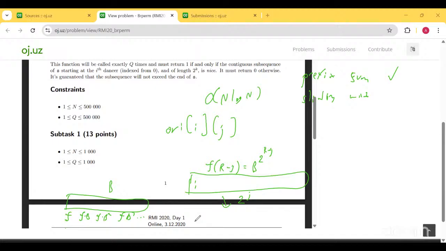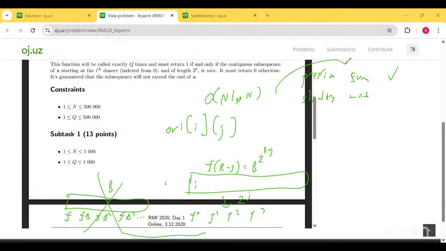But what we need is f to the 0, f to the 1, f to the 2, f to the 3. Are they different or same? Different, right? So we cannot do that.